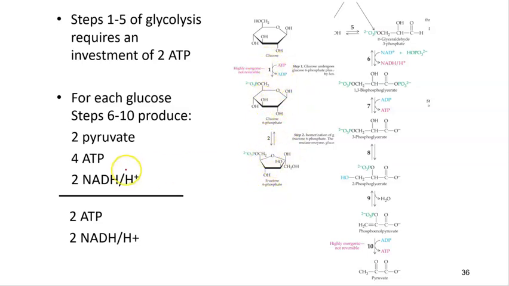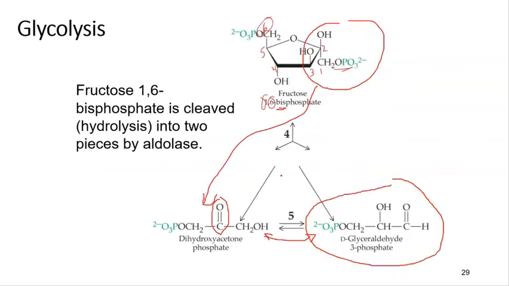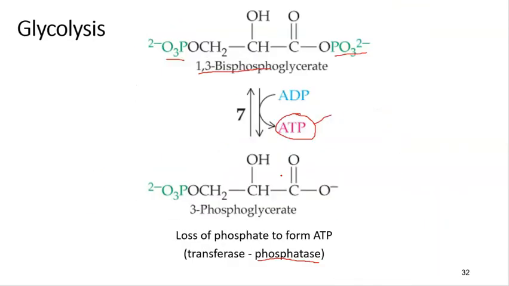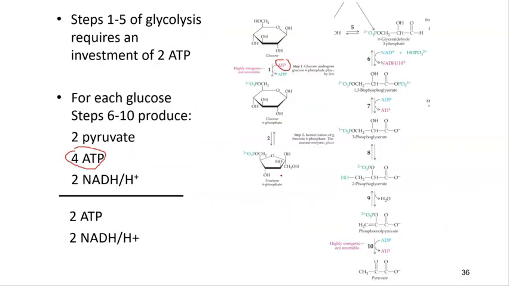So from those 4, we have to subtract the 2 that we used initially in step 3, which isn't shown in that figure. It got cut off, sorry. Right, so in step 3, there's also ATP used. So the net output is 2 ATP, 2 NADH, and 2 pyruvate molecules.